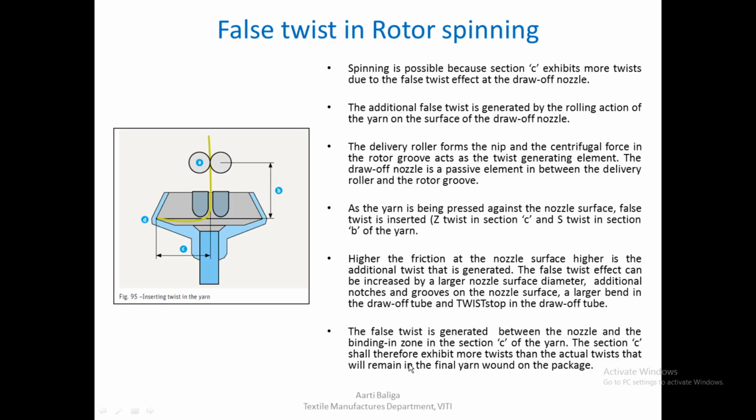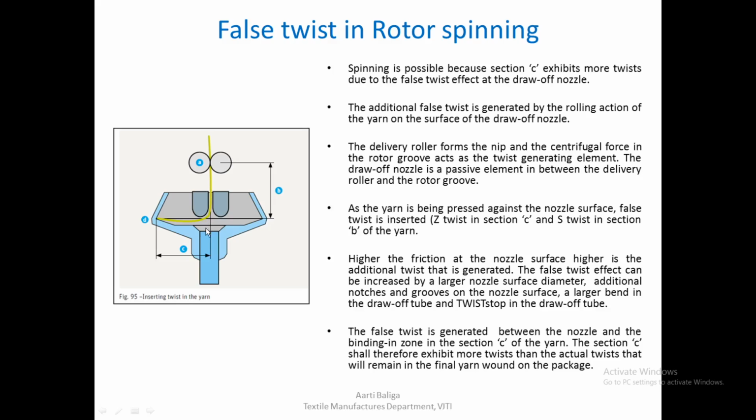Section C shall therefore exhibit more twist than the actual twist that will remain in the final yarn wound on the package. Being a false twist phenomenon, as soon as the yarn moves into section B, there will be no such twist, and so in the final yarn you will only see the true, genuine twist that we saw in the earlier slide, whereas this false twist only helps the yarn formation.